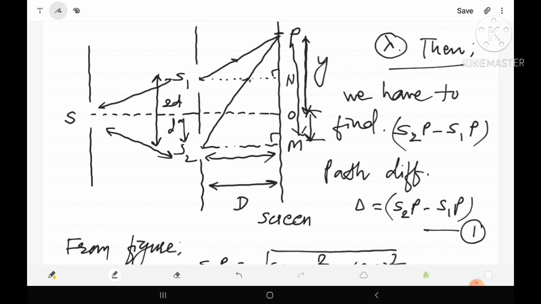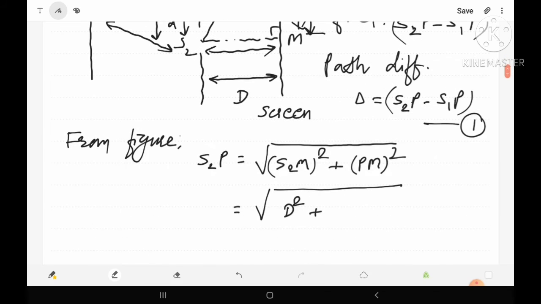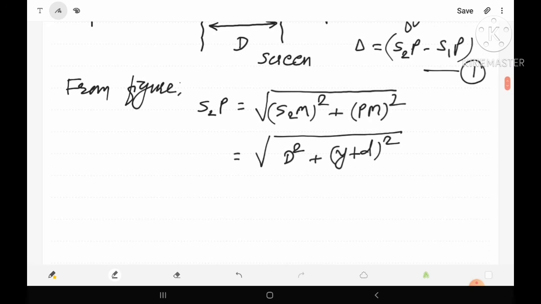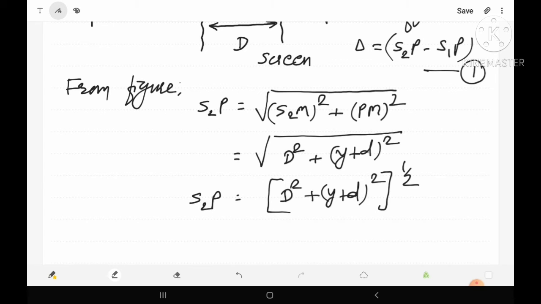So PM square is equal to y plus d whole square. Now it can be written as D square plus y plus d whole square, and the total power is half. So this is S2P. Similarly, suppose equation number 2.